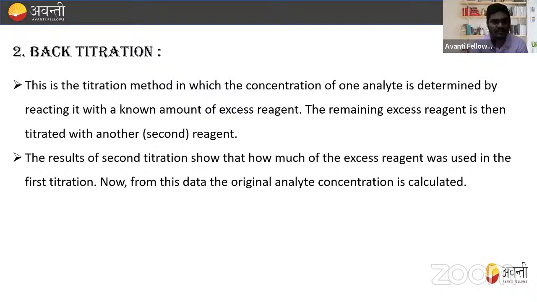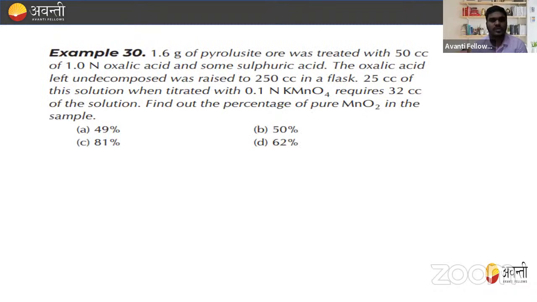Okay, so let's see. This is example number 30 we have. 1.6 gram of pyrolusite ore was treated with 50 cubic centimeter of 1 normality oxalic acid and some sulfuric acid.